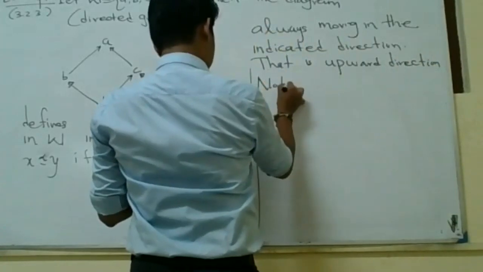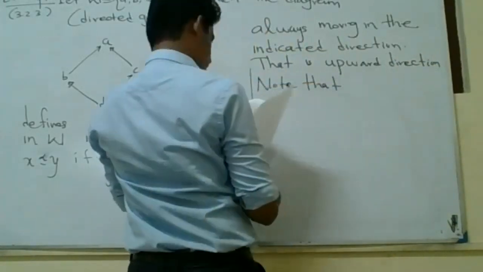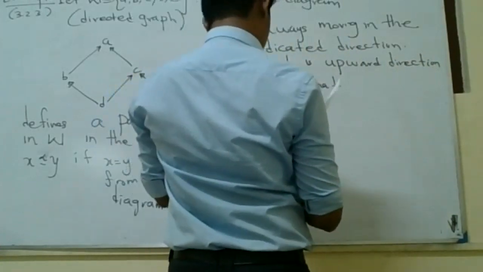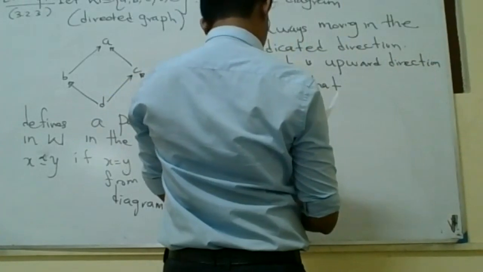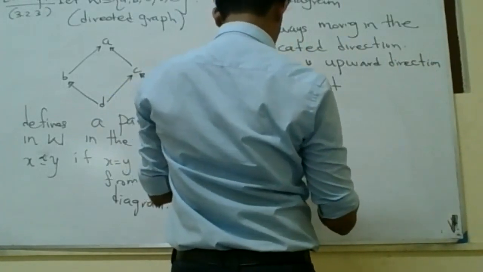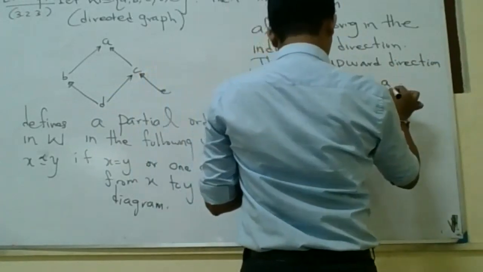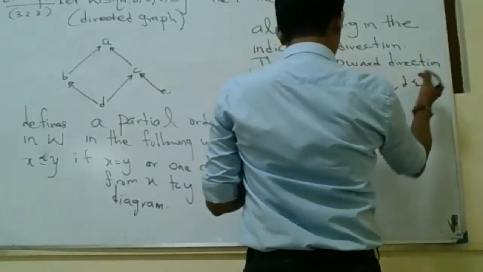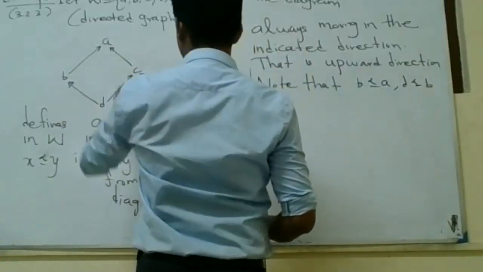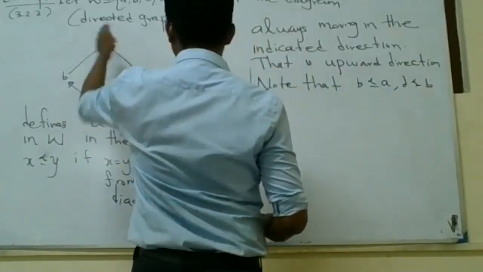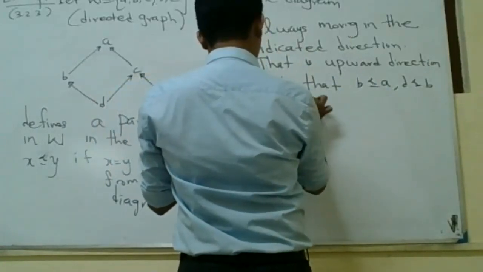B precedes A. D precedes B, okay. B precedes A, okay. And E precedes C or E precedes A. And E precedes C.